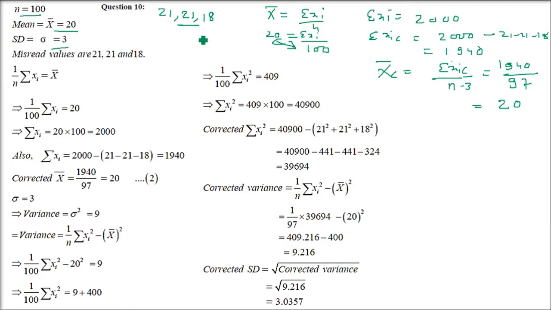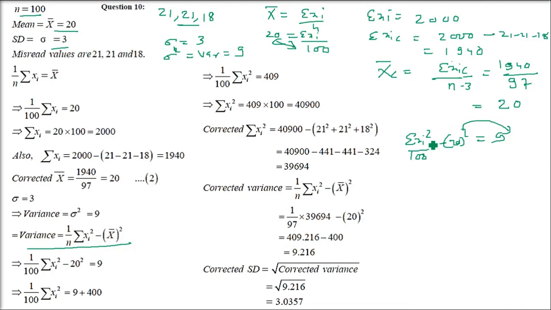Now coming to the second part, this sigma is already known, 3, so sigma square is 9, which is variance only. Let us apply the variance formula. Variance is sigma xi whole square by n, the original one, sigma x square by 100, minus the previous x bar 20 whole square, equals 9.